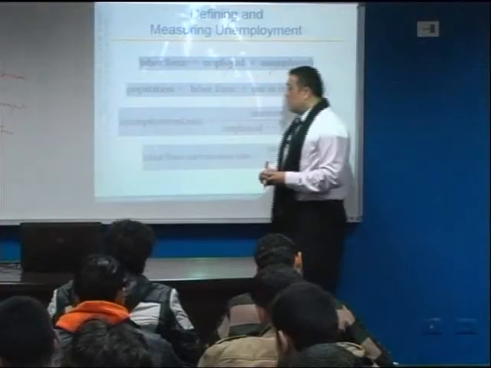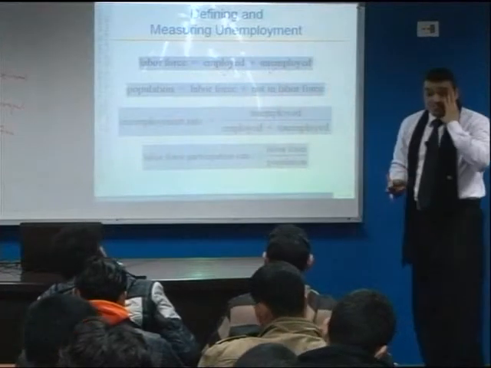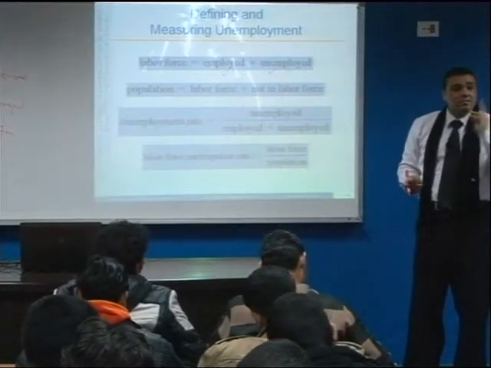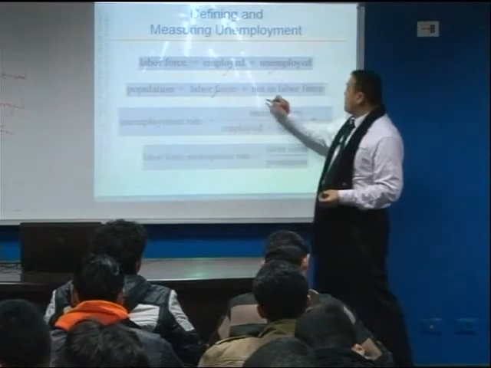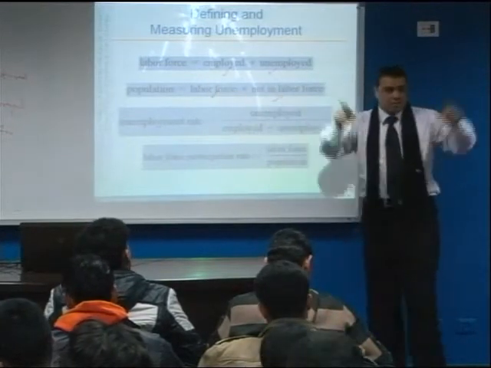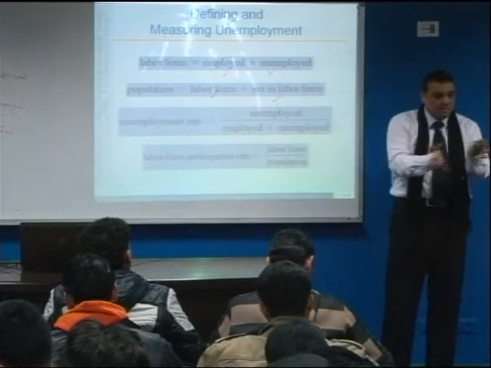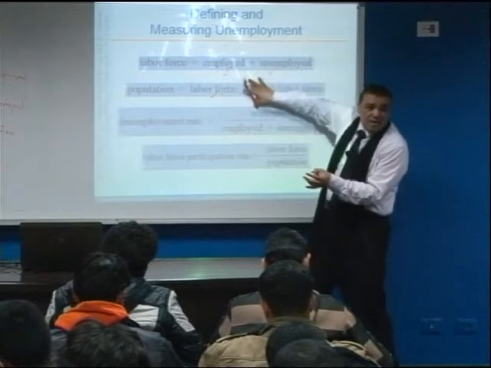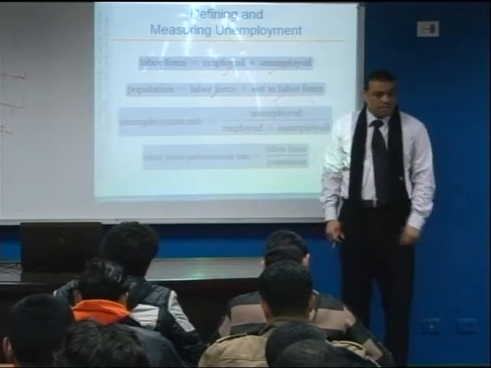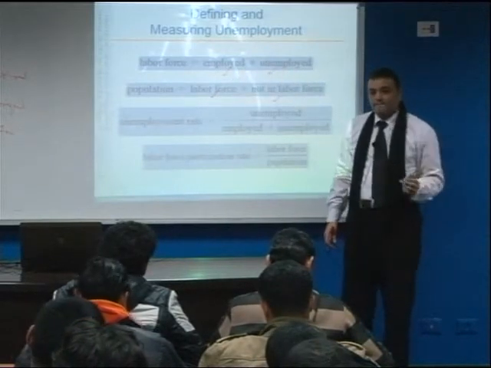What about the population? The number of inhabitants. There are two parts: the labor force and not in the labor force. Our population is people in the labor force, which is employed plus unemployed, and people not in the labor force. Okay?